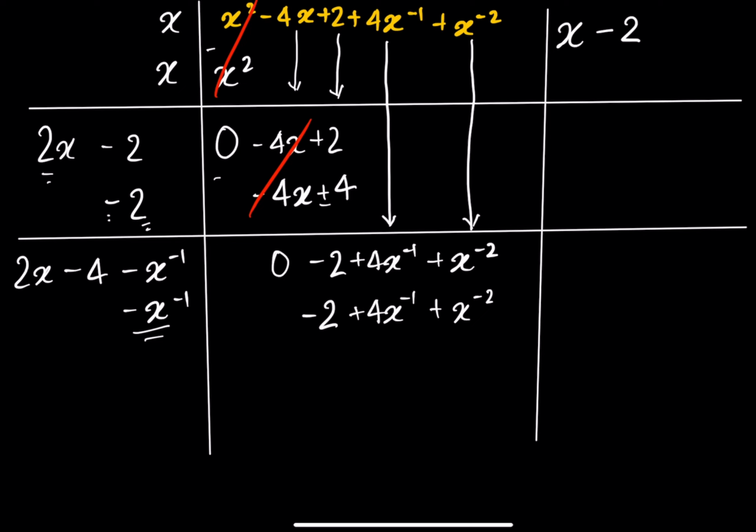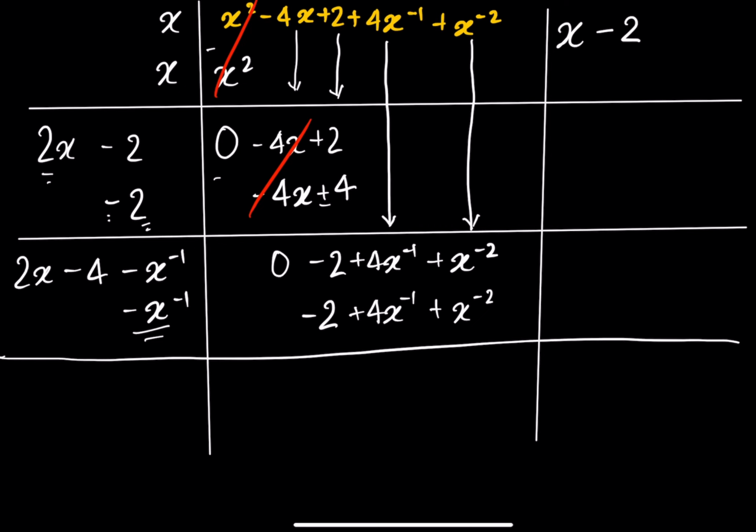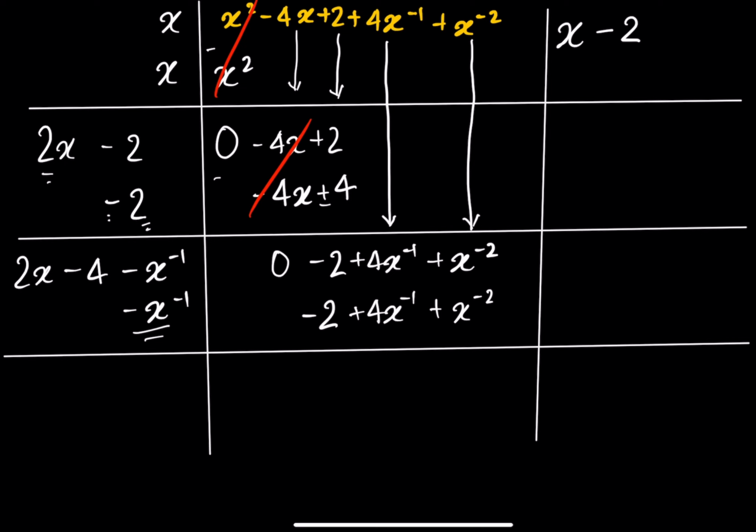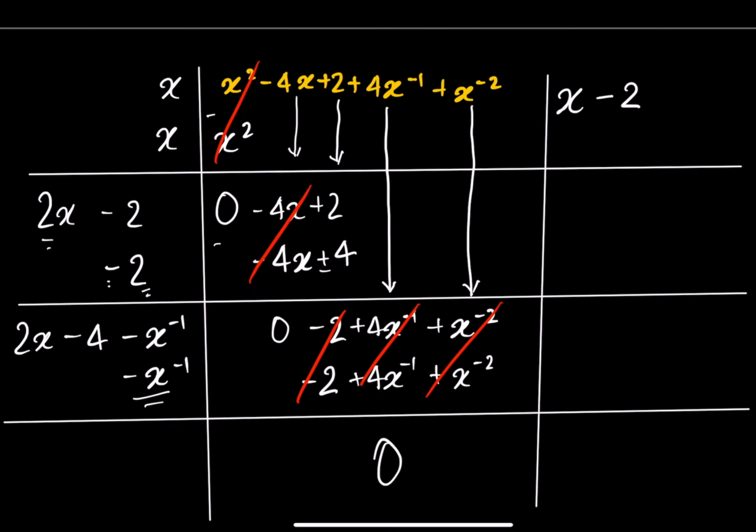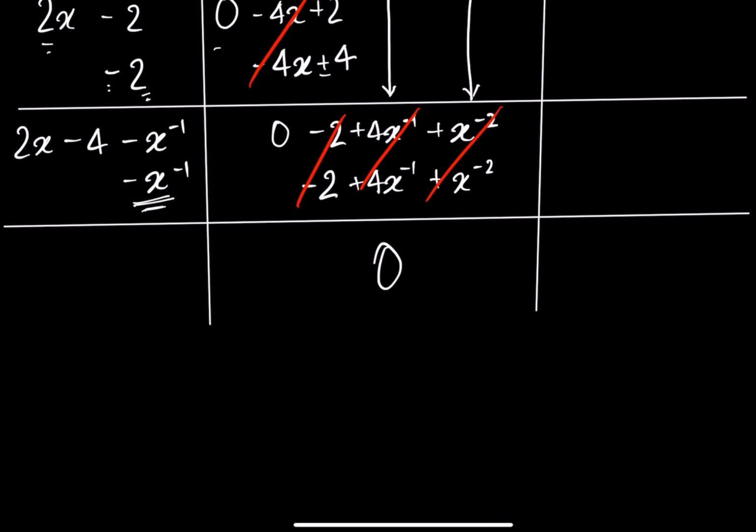So if you look carefully again, all of this cancels out, because negative 2 and negative 2 cancel out, positive 4x to the negative 1 cancels out, and this cancels out too, leaving us with 0. And we're going to bring our number over here, which is negative x raised to the power of negative 1, to get our answer. So our answer is x minus 2 minus x raised to the power of negative 1.